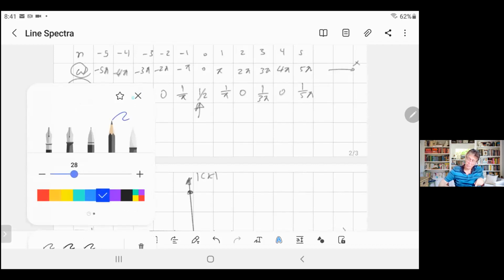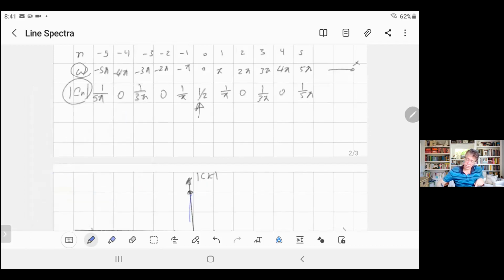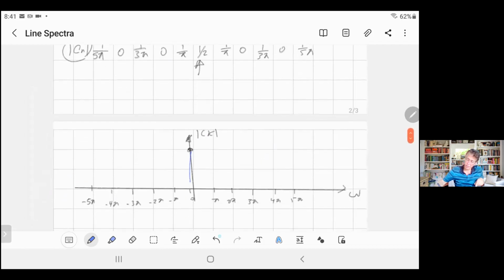Let's just pick another color. All right. So you make the graph discrete. At each value, at 0, you can put half to make it clear. And all the even ones are 0. So that's 2 pi, 4 pi, 0; 2 pi, 4 pi, 0; and it's 6 pi, 0, and so on. All right.